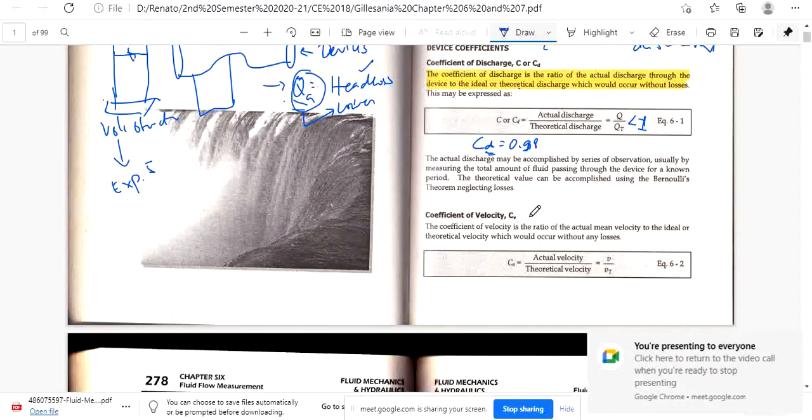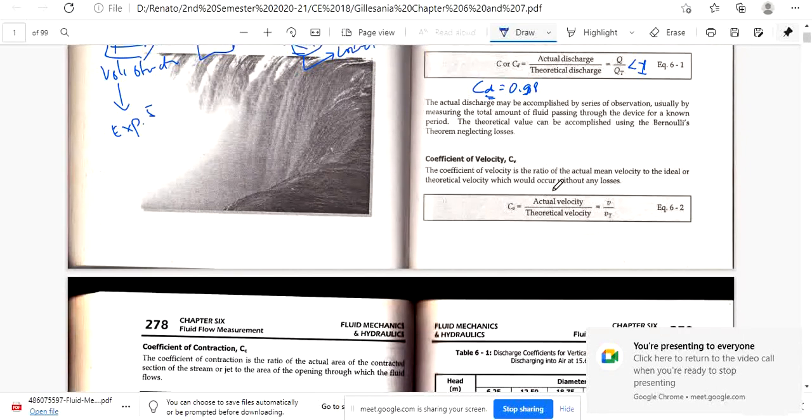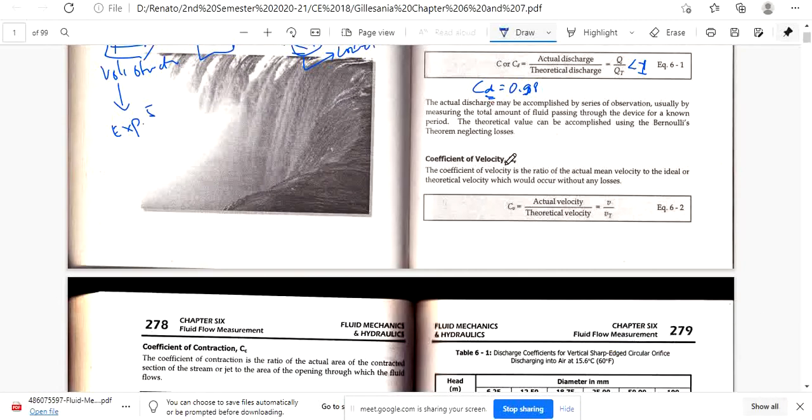So unsa man pod ang coefficient of velocity? The coefficient of velocity is the ratio of the actual mean velocity to the ideal or theoretical velocity which would occur without any losses. So meaning kani against actual gihapon ni kaning velocity.